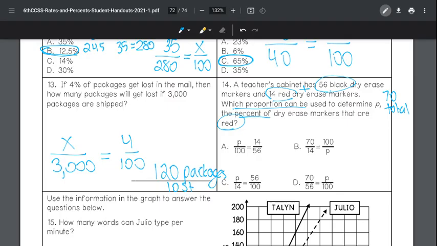So red markers is 14. Our total markers are 70. And we want to know what percent that is over 100. So there's my proportion, and I need to figure out which one matches.